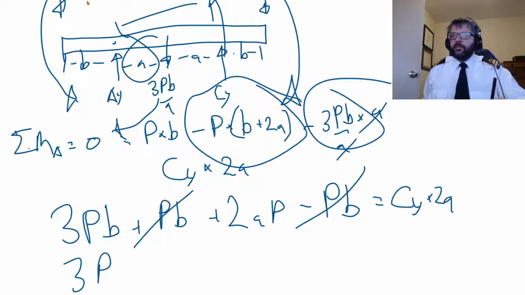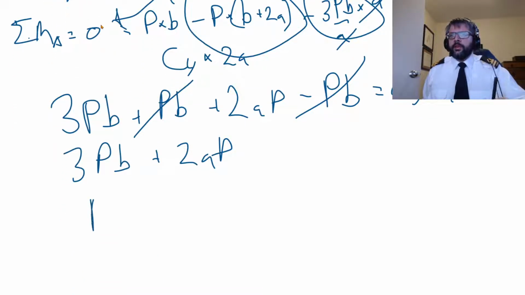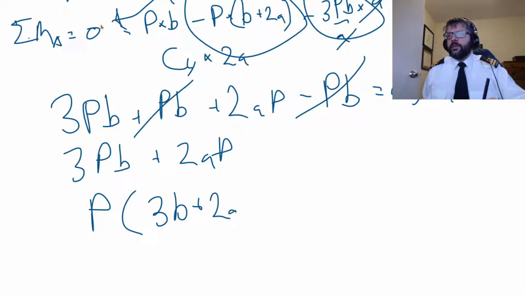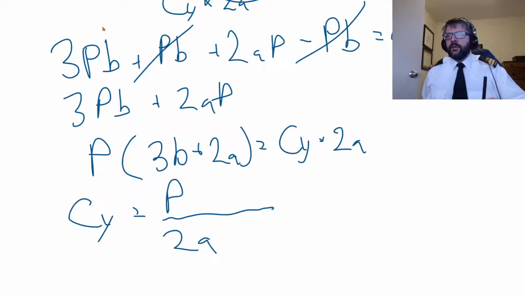So just 3PB plus 2aP. Or we'll just put P times 3b plus 2a is equal to Cy times 2a. Now we can divide that out. Cy is equal to P over 2a times 3b plus 2a.